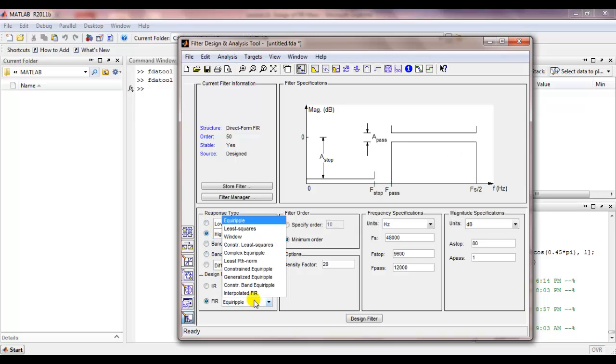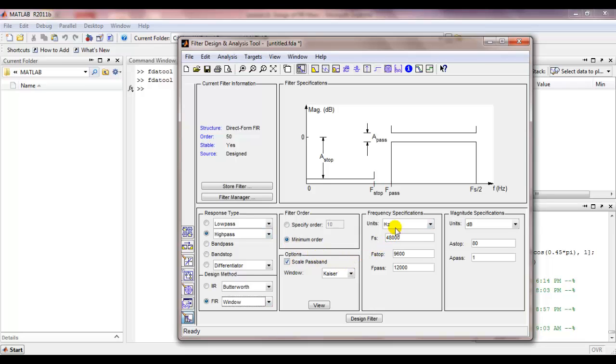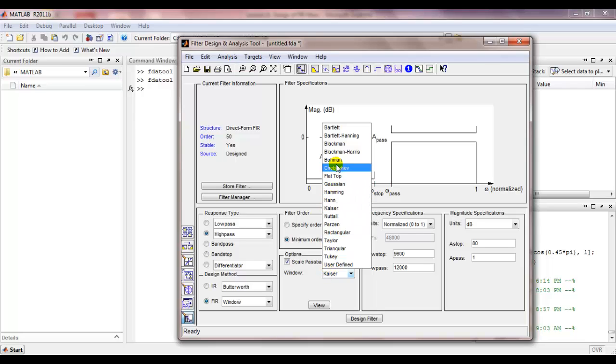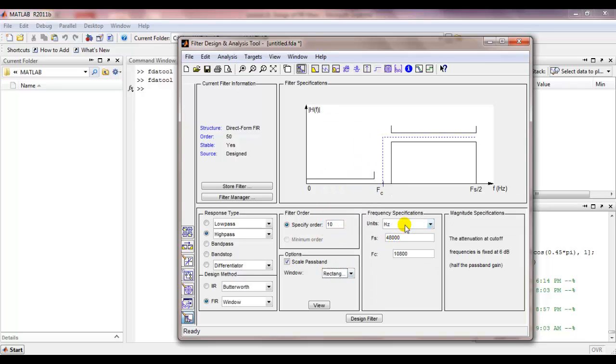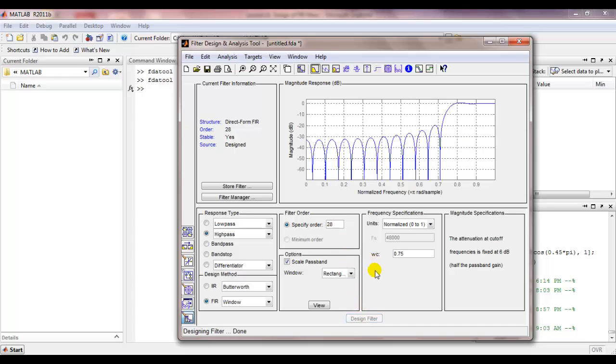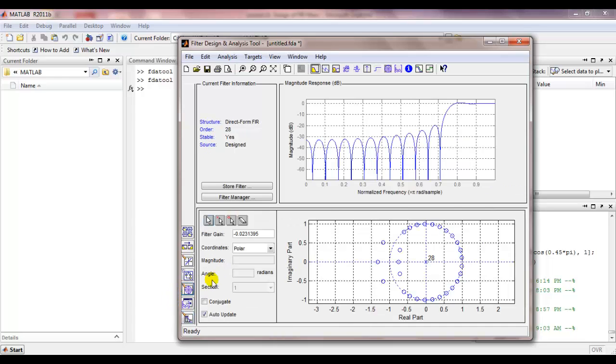You can ask to design a high pass filter with similar kinds of conditions. I'm going to make the cutoff of this high pass filter 0.75 pi. I'm going to increase the number of zeros. Let's make it 28. And if I go to the pole zero diagram, again you see that symmetric version, which is due to the fact that you have to have both linear phase and real coefficients.